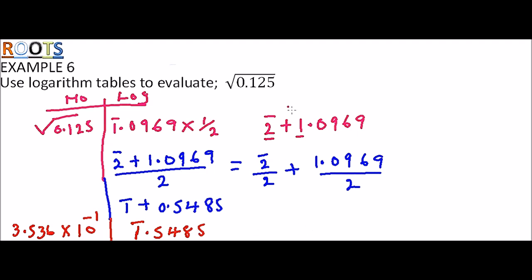Now our final answer will be, you divide 3.536 by 10, and you get 0.3536. So that is the square root of 0.125.